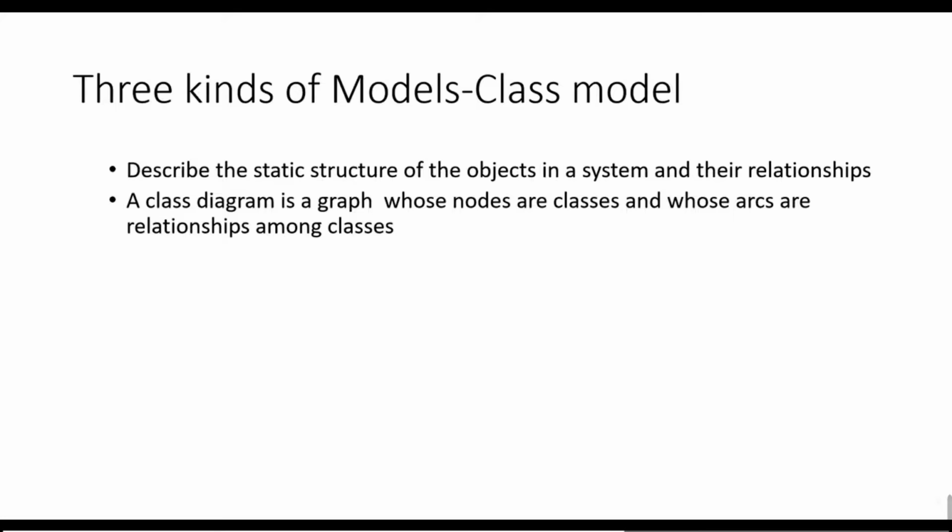The class model will be used in the domain analysis, in the application analysis, and in the system design, class design. It is not only used in the class design. It means the class model will be used in the analysis stages too.